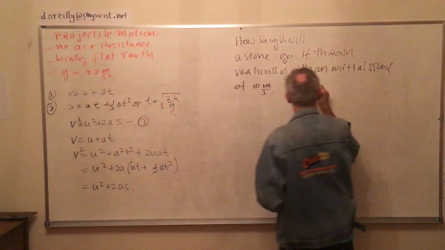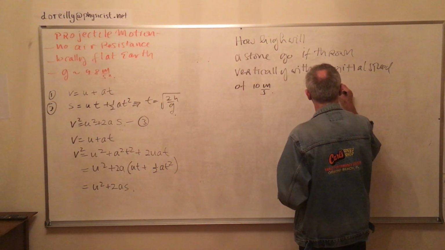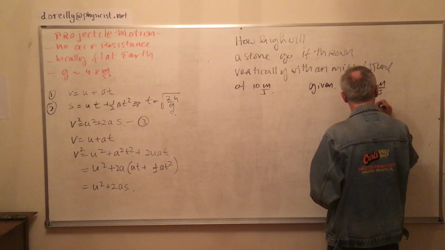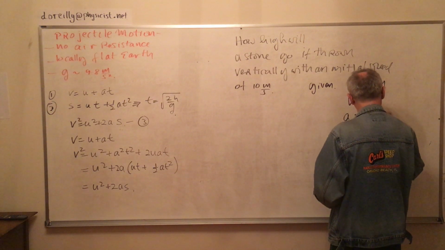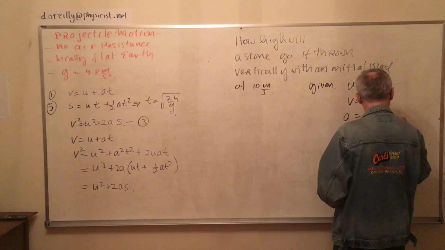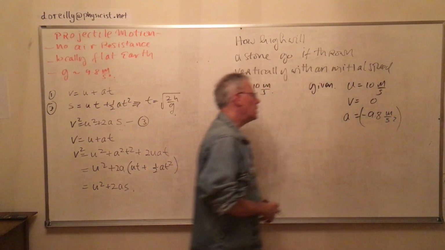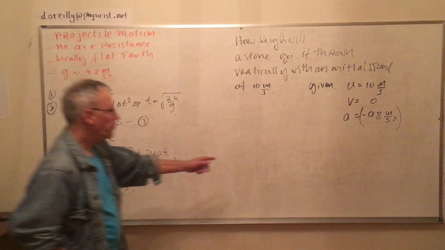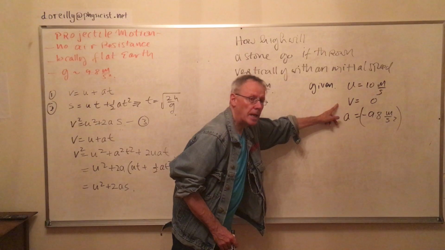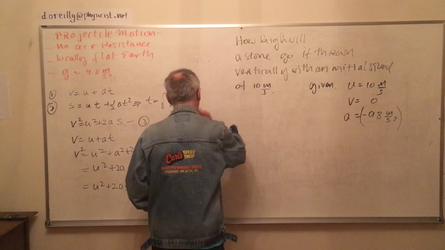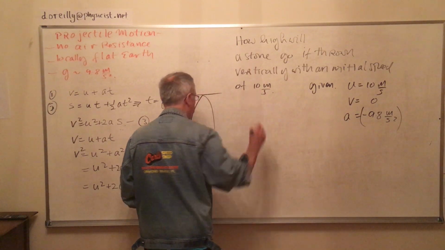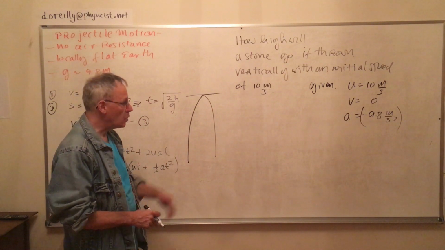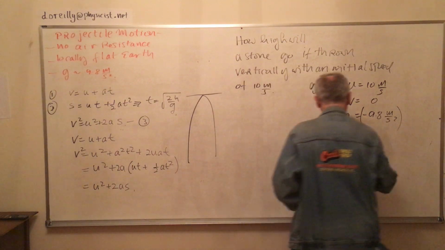So here are our givens. u, the initial speed, is 10 meters per second. Remember I said list your givens, identify the unknown. v is the final speed at the top of the trajectory, the thing goes up, stops, and comes back down again. And the acceleration due to gravity is negative 9.8 meters per second squared because it's pulling back to Earth.